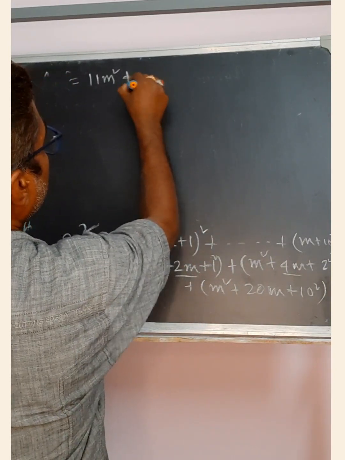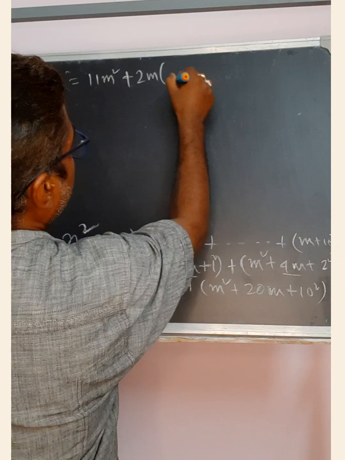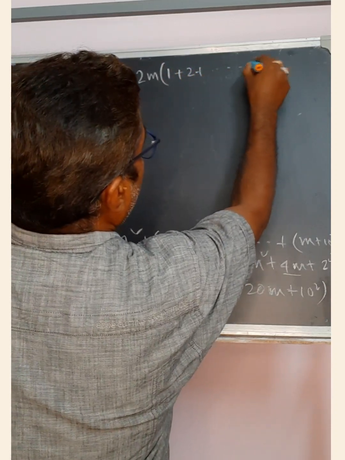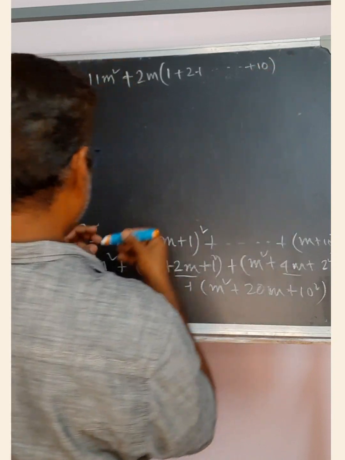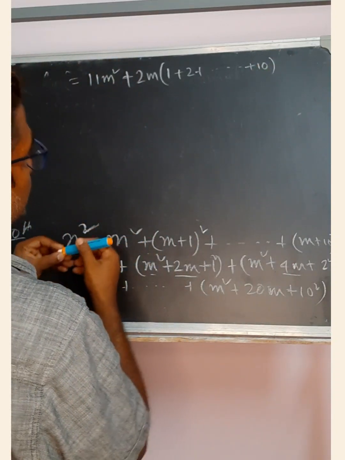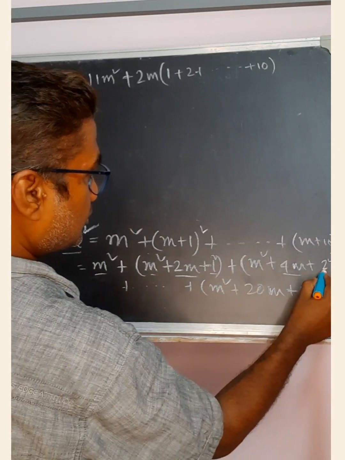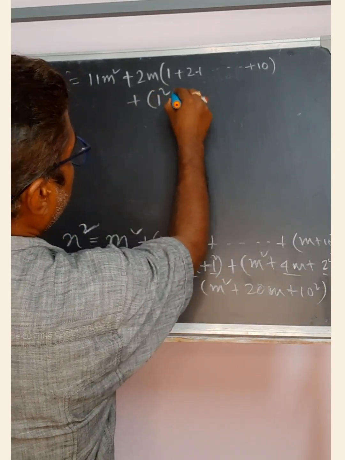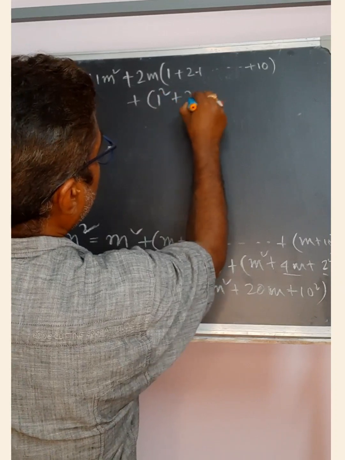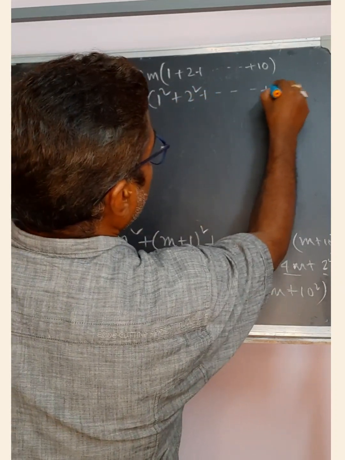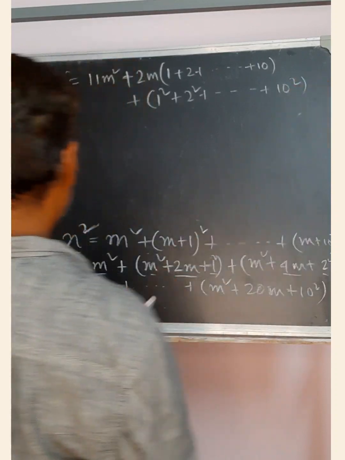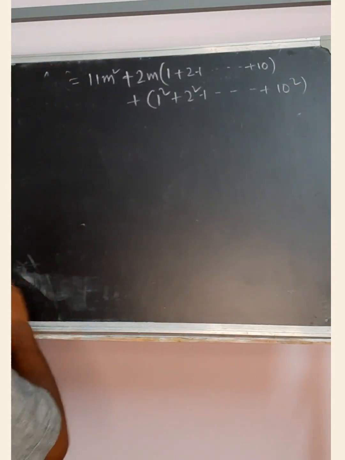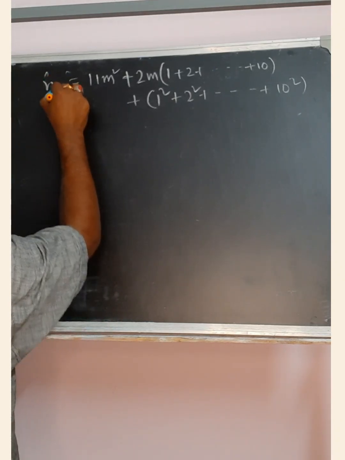So I can take 2m out, and the remaining inside the bracket will be 1 plus 2 plus so on, a sum of natural numbers up to 10. And after that, the remaining is squares, 1 square, 2 square, like that up to 10 square, which I will keep within another bracket. Okay, so this will be the next term. Then further, this would be equal to n square.